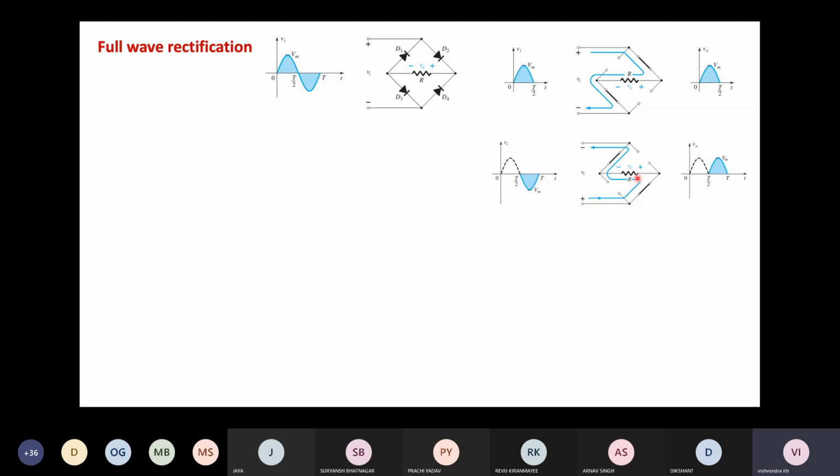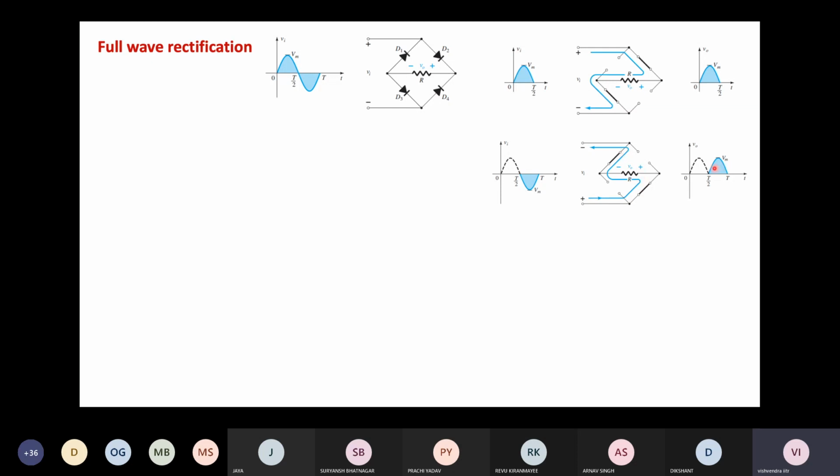And if you see closely the output across the resistor, it will be again the same as the input, but now the polarity of the output is exactly like the positive half cycle. This terminal of the resistor is negative, this is positive, because this terminal is connected to the positive voltage and this is connected to the negative voltage.